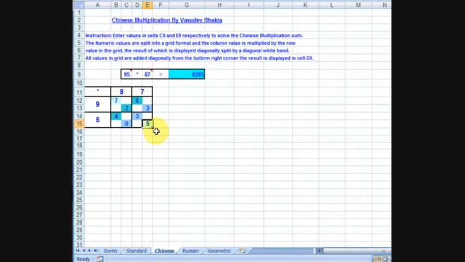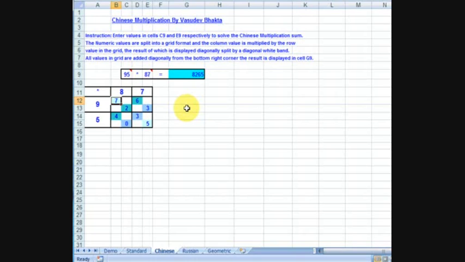So start with the bottom right corner, 5, then we have 3 plus 3 plus 0, which is 6, moving towards the left, 6 plus 2 plus 4 is 12, 2, carry the 1 to this number here, 7, 7 plus 1 is 8. We have a value of 8,265.